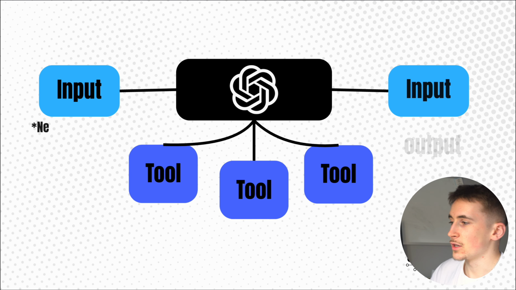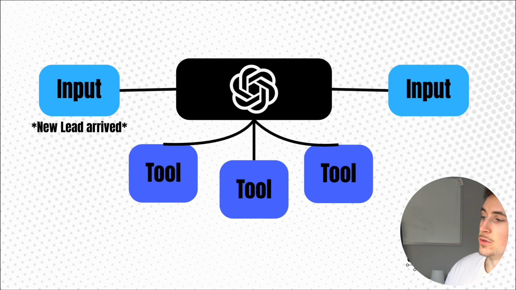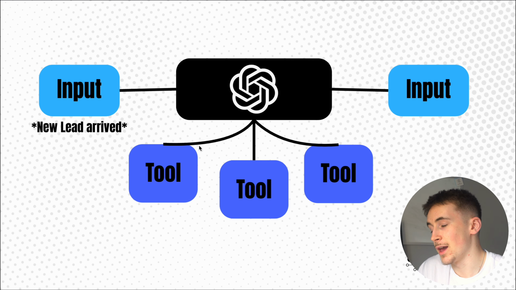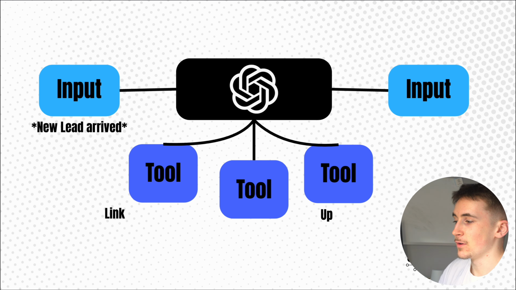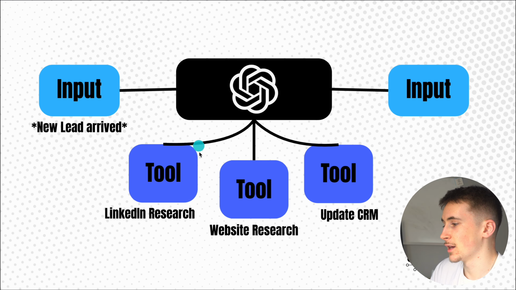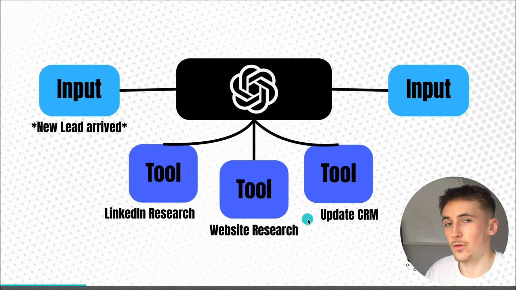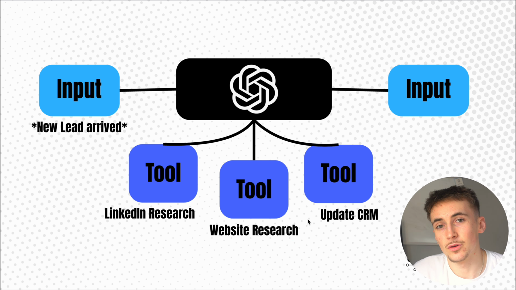So if we want to look at an example of how an AI agent might look in this format, the input might be a new lead arriving via a contact form on your website, someone booking up a call, something like that. And then we're giving it three tools down here. So let's just say it's a LinkedIn research tool, a website research tool, and then an update CRM tool. So this is an agent that's going to be able to research the new leads that come in, find their LinkedIn, find their website, and then update the CRM with that information.